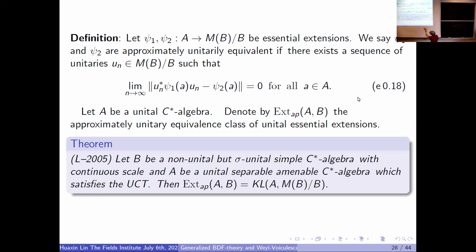So these are unital extensions, and you can use KL to determine the approximate unitary equivalence class of unital extensions by computing the KL from A to the Kroner algebra. Okay. But it's much weaker than the previous one, because we don't know whether the difference is actually compact or in the ideal. Only the approximate unitary equivalence class.